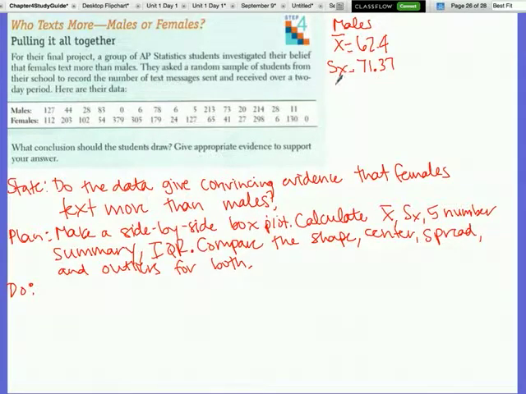So I'm going to give you that information. Feel free to go back and check me, make sure that you understand how to do all of that. But your minimum for the males would be 0. Your Q1 for the males would be 6. Your median for the males would be 28. Q3 would be 83. Your max is 214. And your IQR is 77.